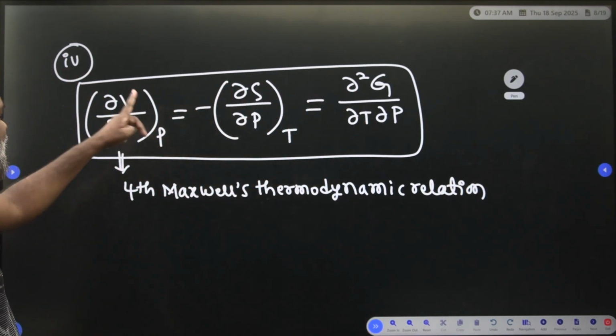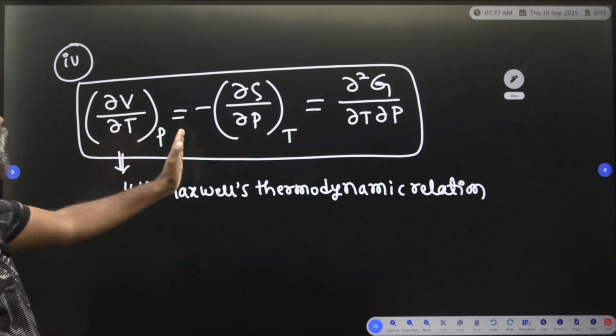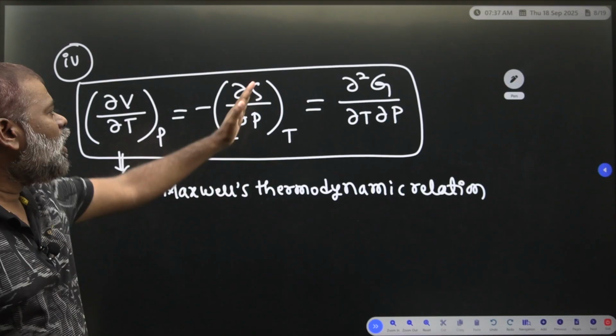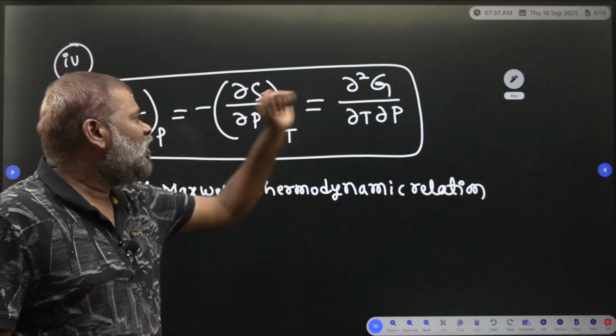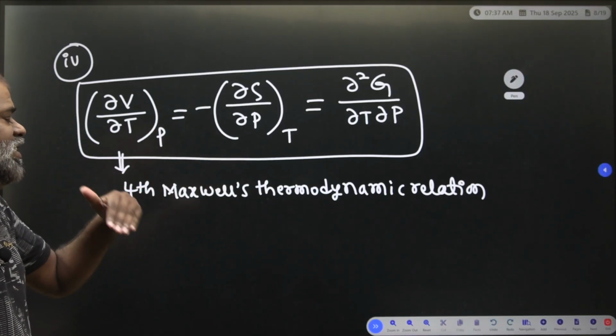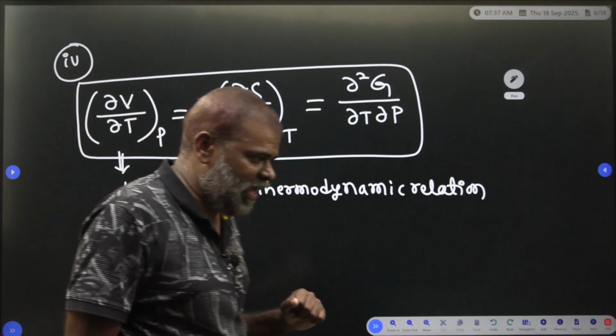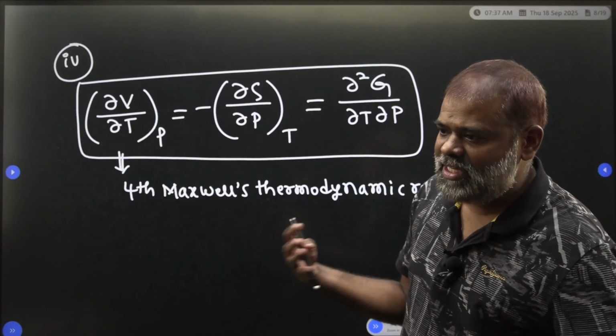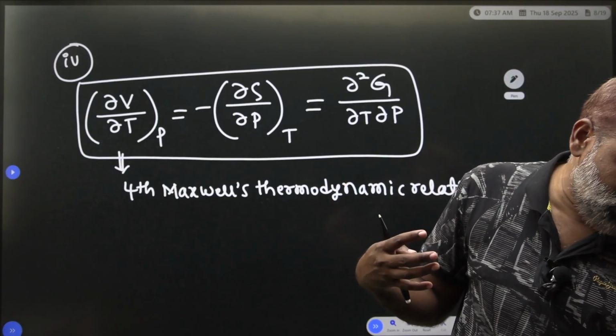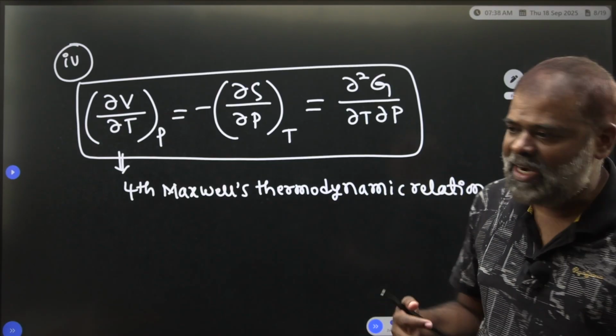It is (∂V/∂T) at constant pressure equal to minus (∂S/∂P) at constant temperature, which is equal to ∂²G by ∂T ∂P. These are the four Maxwell equations we derived, right? So these are very important. You have to remember them for your competitive examination.